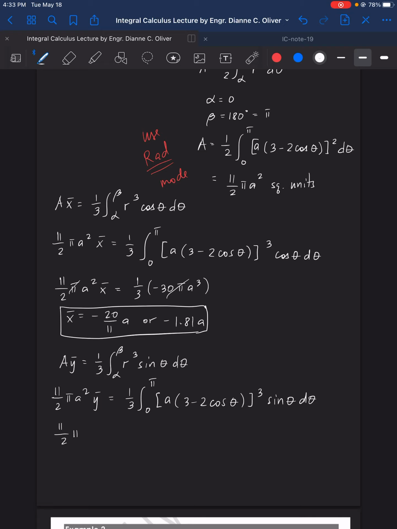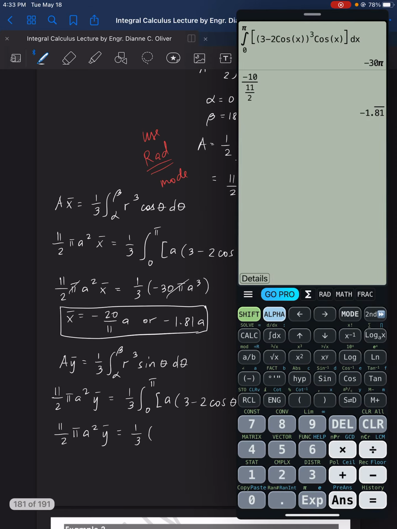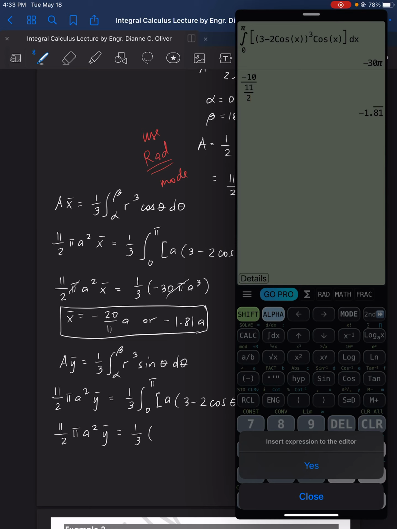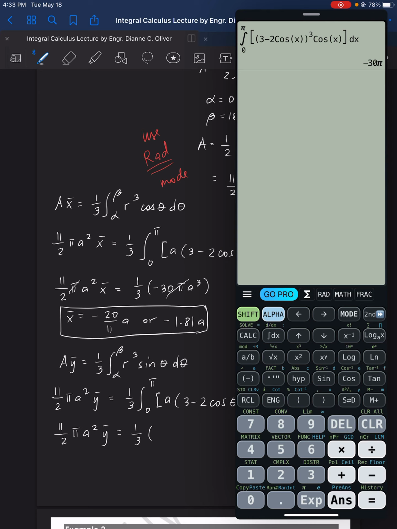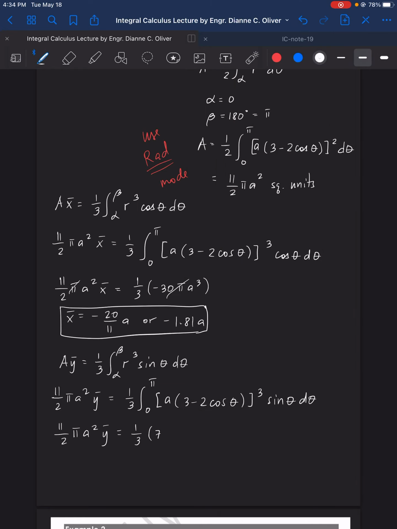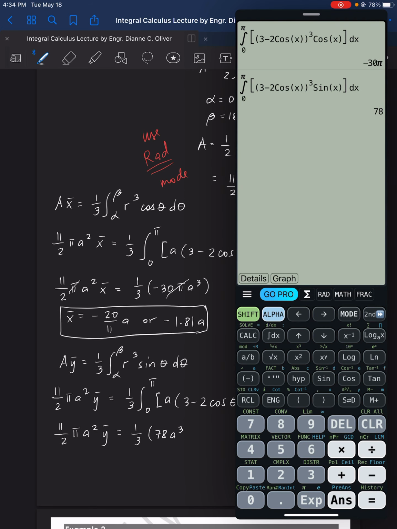So 11 over 2 pi a squared times y bar is equal to 1/3 of the integral, which gives 78a raised to 3.